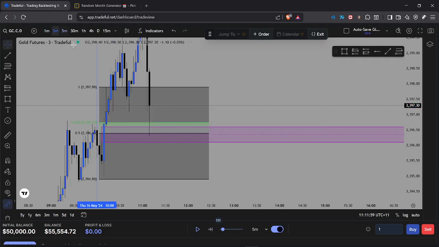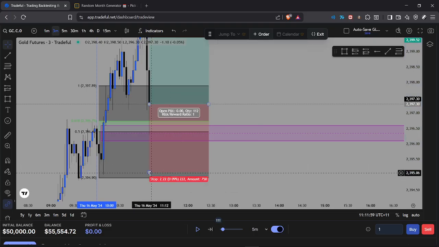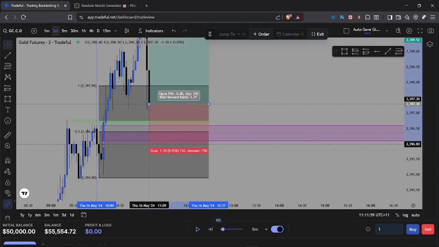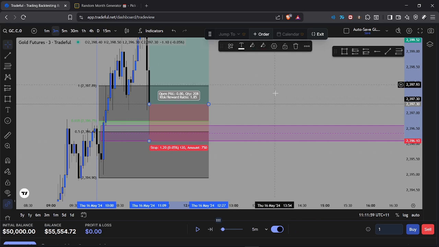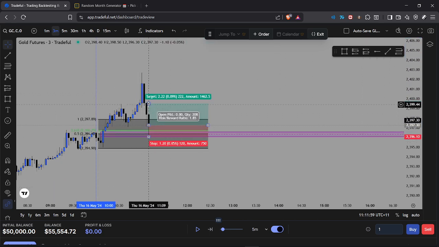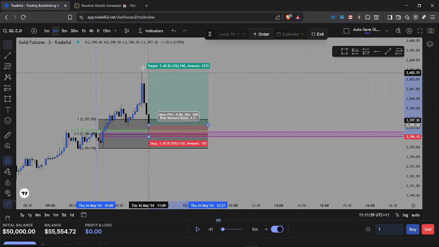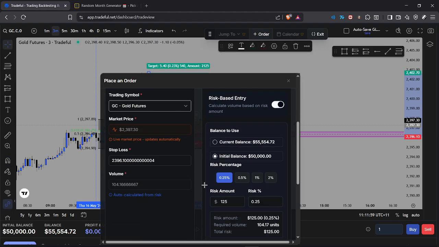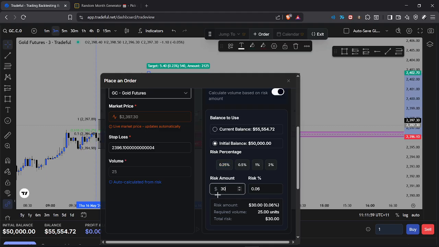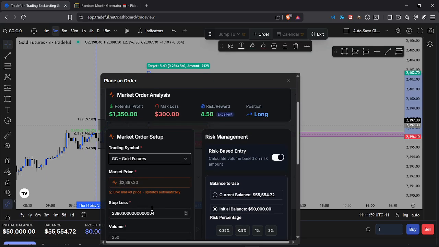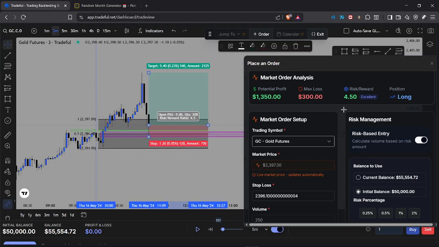Okay, yeah, so that is the candle close. Stops right there. TP, what is that? 4.5. Okay, yeah, let's just take that. 300. 4.5. Yeah, 4.5. Okay.